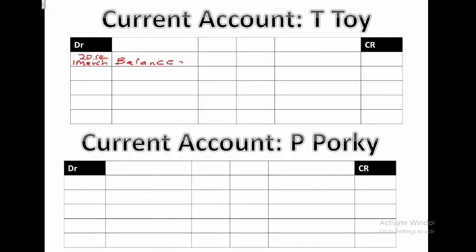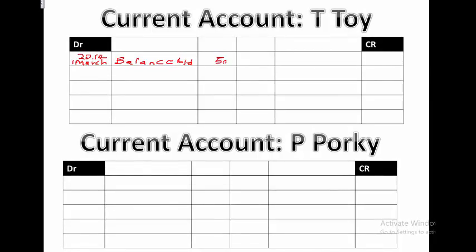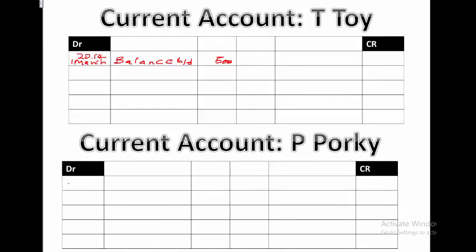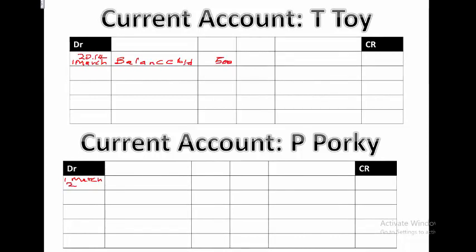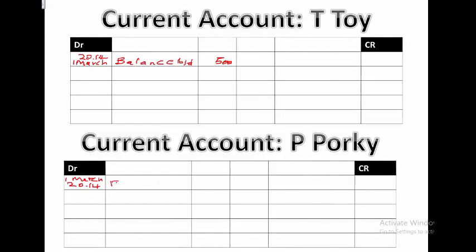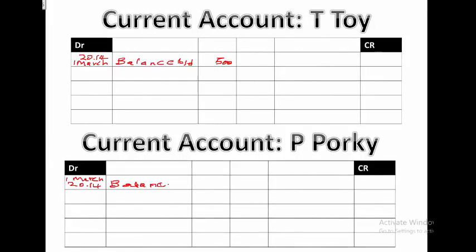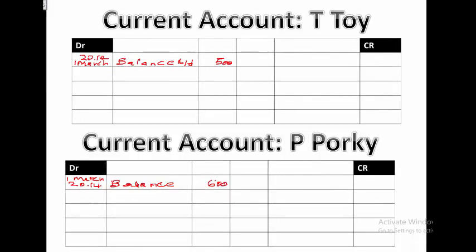So the balance brought down from the list of balances is 500 for the gentleman T-Toy. And we'll quickly go down. Since they were both debit balances, we must put them as such. So 1st March 2014, we have again balance. So for this balance we have 600 as we read above.